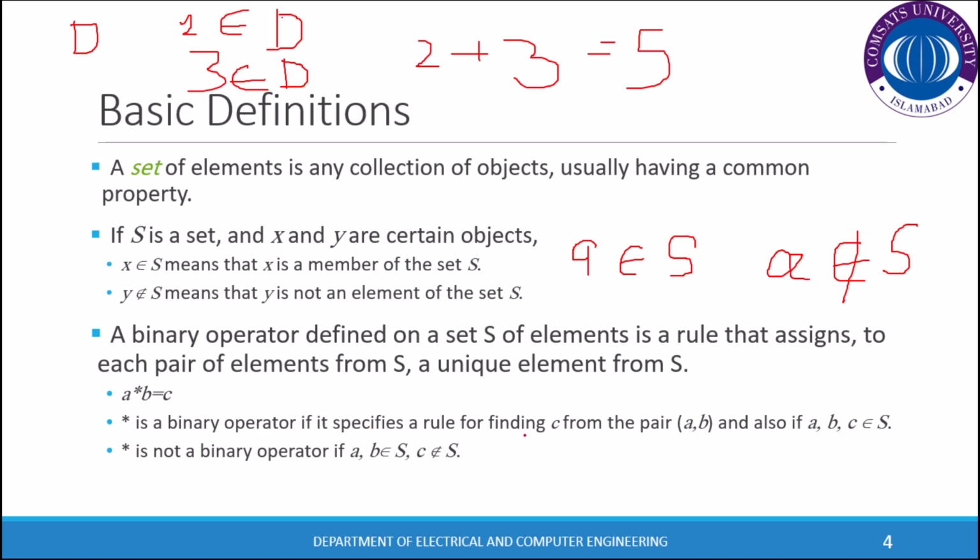It specifies a rule for finding C from the pair A and B, and A, B, C belong to S. If asterisk is a binary operator and we have said that A asterisk B is equal to C, then it means that A, B should belong to S, and the result should also belong to S. For A and B, when applied to this operator, it should give a unique value C. There cannot be any other element, for example D or E. It will be only C, a unique element, and all three of them belong to S.